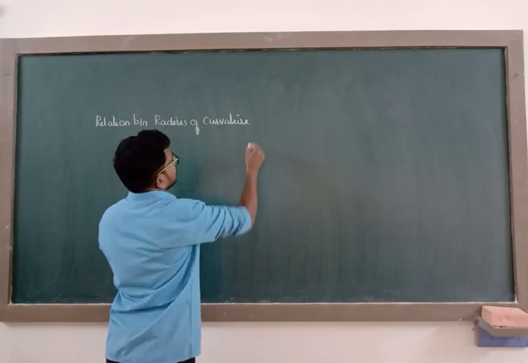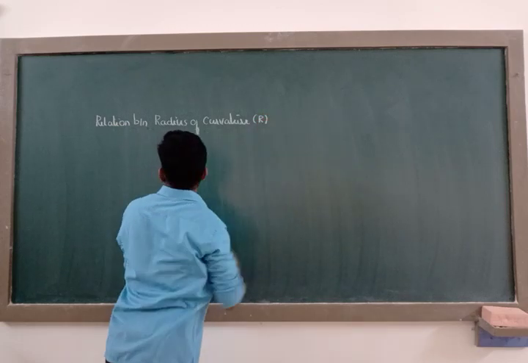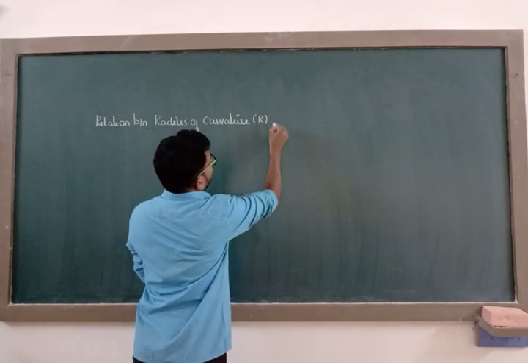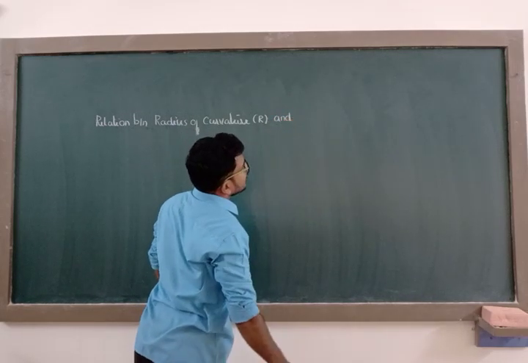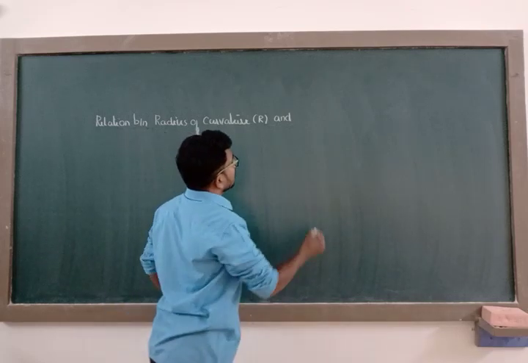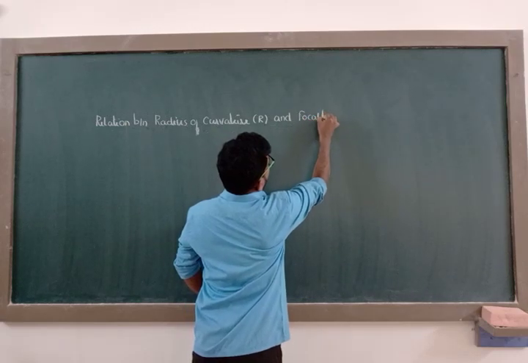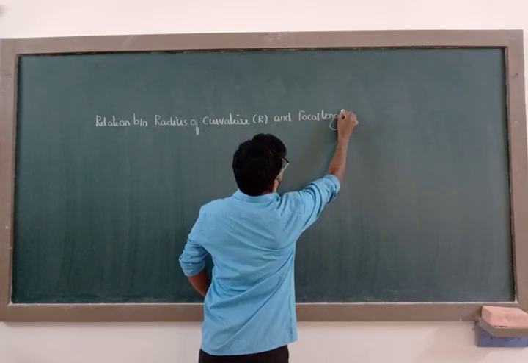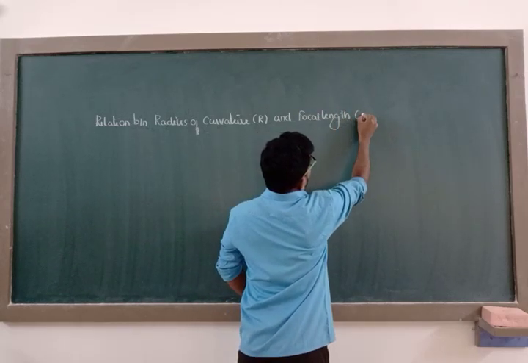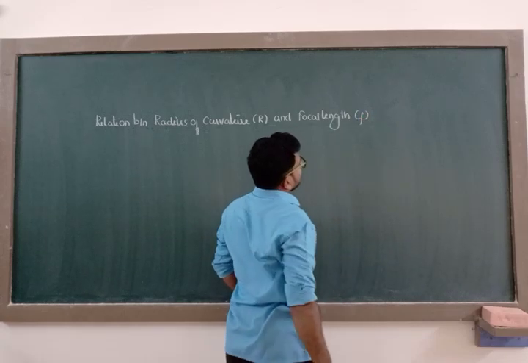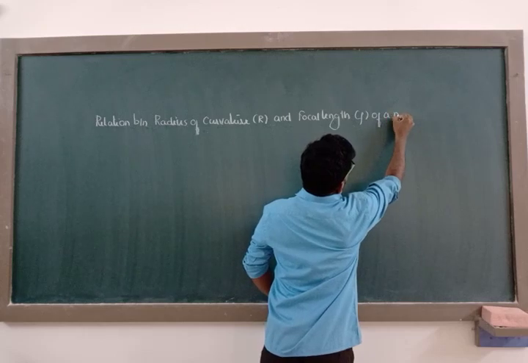Capital R. So here capital R represents radius of curvature. And focal length is represented by small f, focal length of a mirror.